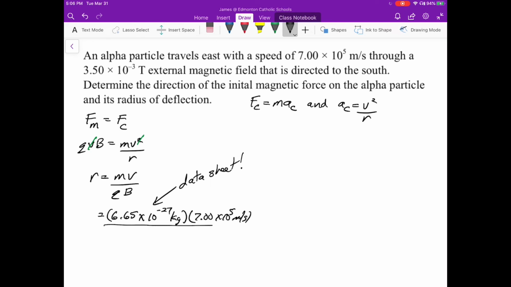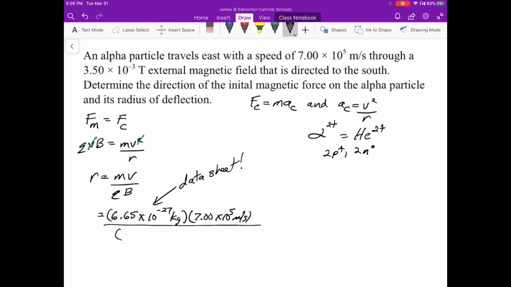And then the charge on an alpha particle is 2 plus. Alpha particle is a helium nucleus. It's a helium ion. So it's 2 protons and 2 neutrons. The mass is on your data sheet as well. So that is, no, the charge. Mass is on your data sheet.